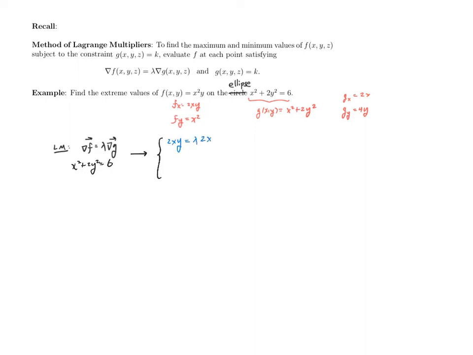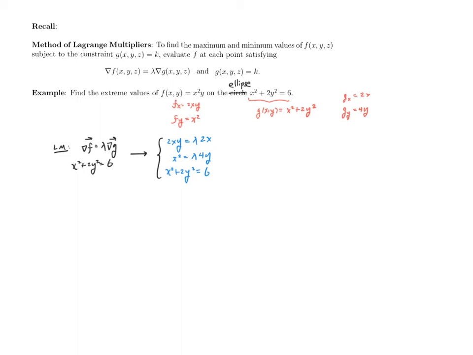The partials with respect to y implies that x squared is lambda 4y. And our constraint is x squared plus 2y squared is equal to 6. So remember, we want to work with these gradient equations until we have enough information to substitute into the constraint equation and actually solve for something.